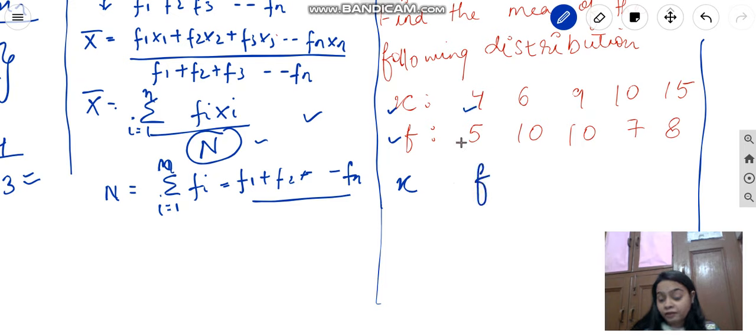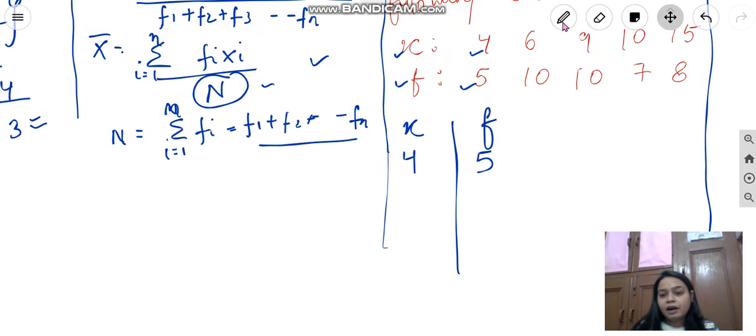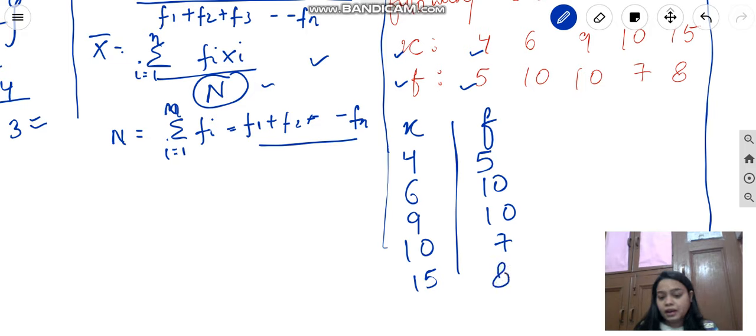The variable is 4 and its frequency is 5, so we write 4 and then frequency 5. Then we have 6 with frequency 10, 9 with frequency 10, 10 with frequency 7, and 15 with frequency 8.